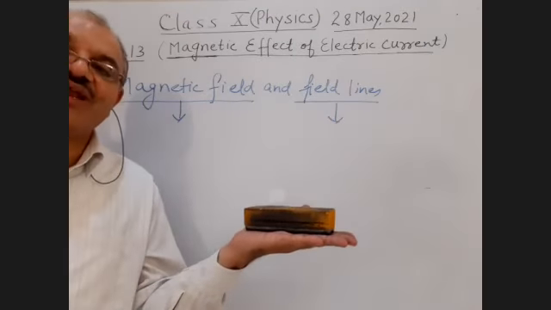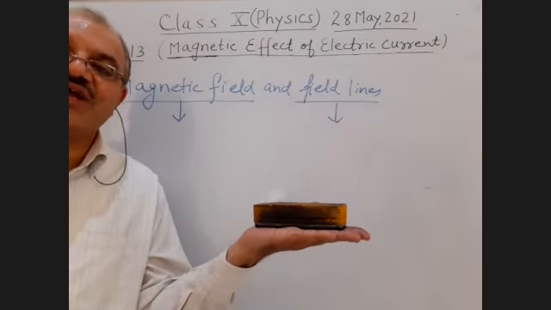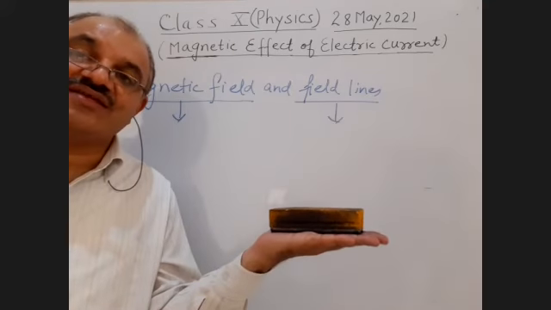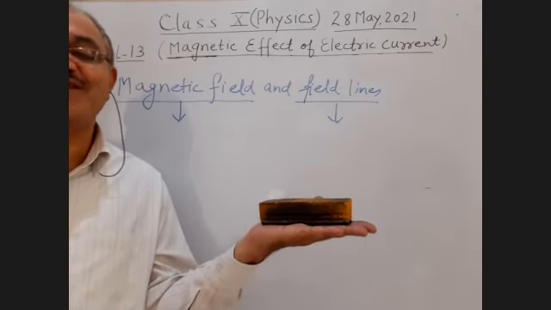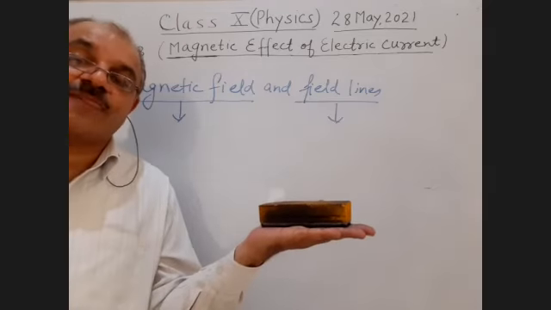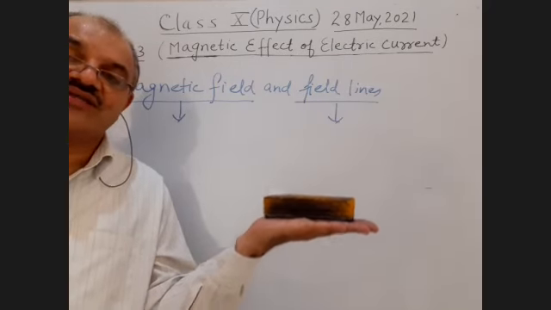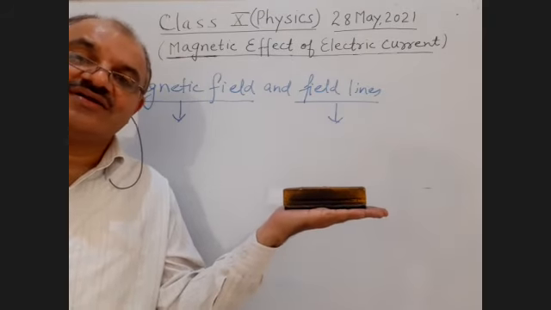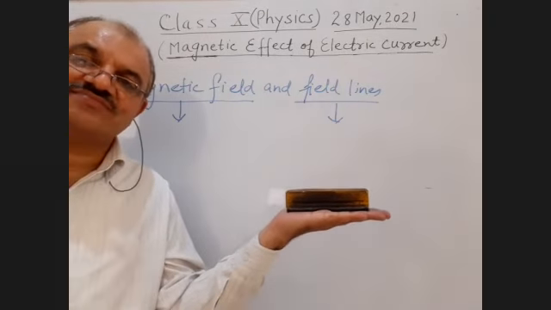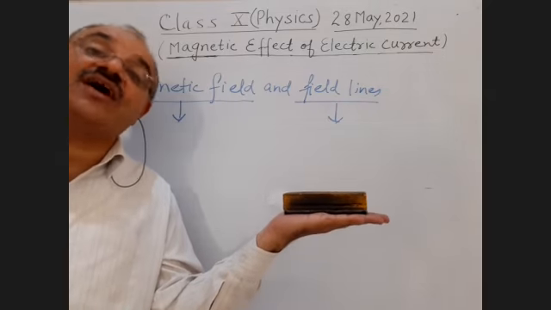So students, very well I can say the definition of the magnetic field: it is the space, the region, the area or the vicinity. मैंने 4 शब्द यूज किए स्टूडेंट. I used the 4 words.